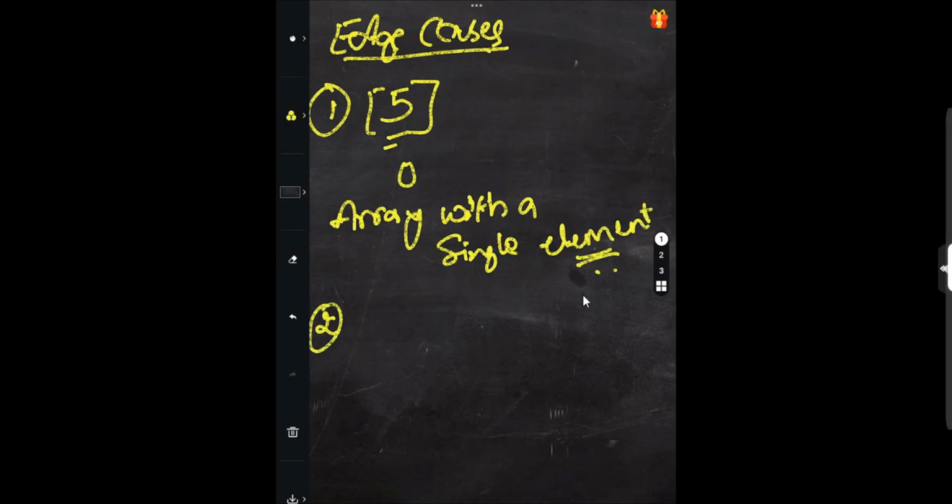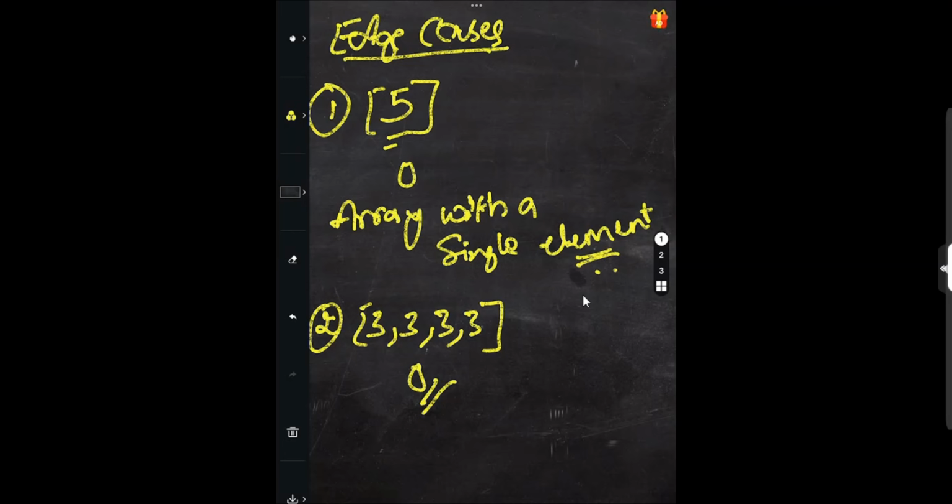The second one, let's go with an array with all the bars having equal height. Let me consider an example here, anything you can give. The output will be 0 as well. Why? Because no water can be trapped since there are no valleys at all.